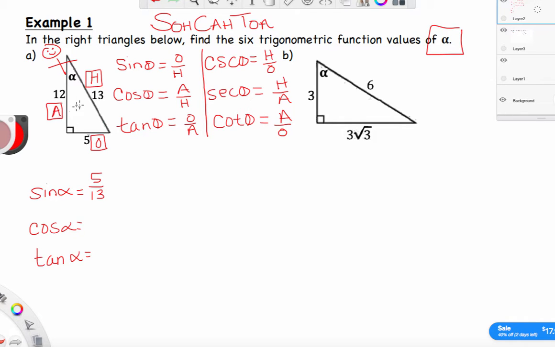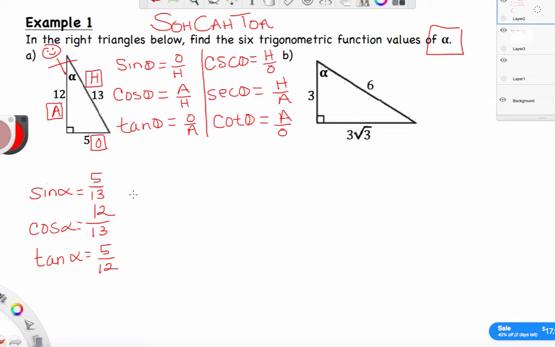My A over H is 12 over 13. And then we need tangent, which is "oa" in SOHCAHTOA, and my "oa" is 5 over 12. And if that's too goofy for you, then you can just say that sine is O over H, cosine's A over H, and tangent is O over A, and then build them.